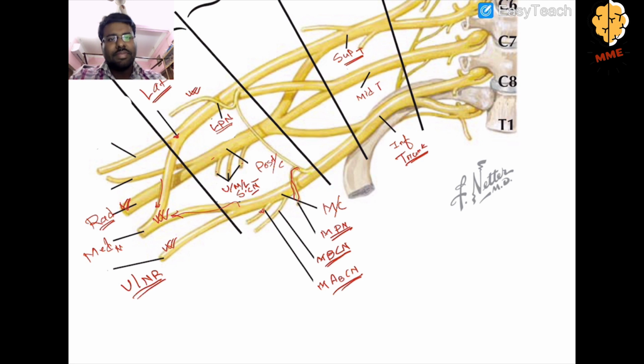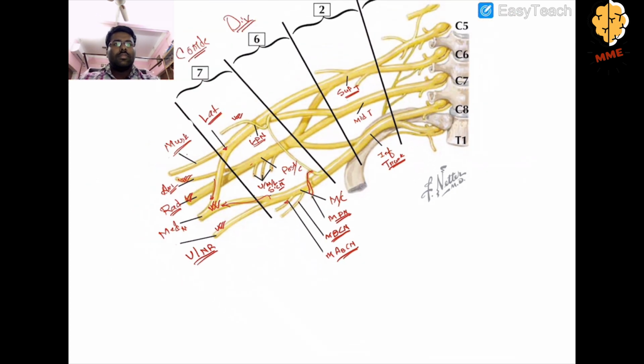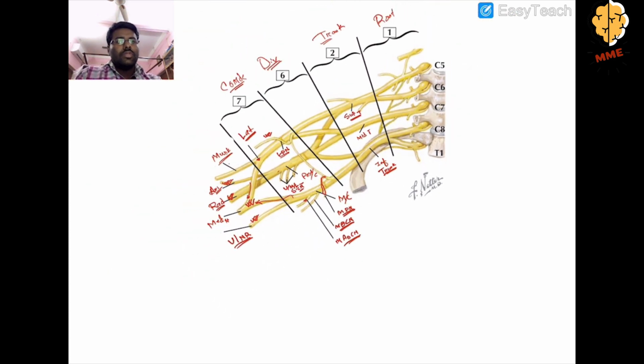Coming to this nerve, this is the axillary nerve. What is this nerve? This is the musculocutaneous nerve. So these are the branches, and the whole brachial plexus is here.